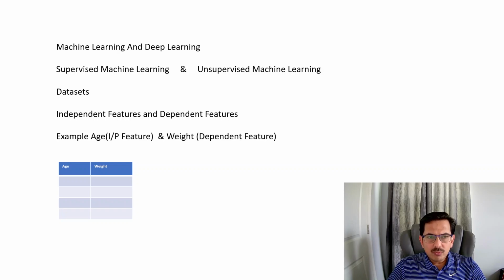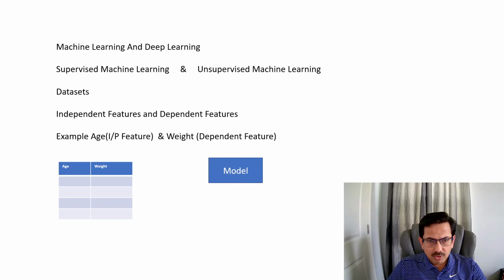So what we will do is use this data, where we'll have a number of ages and a number of weights, and we'll use that information and build a model. Once the model is ready, we will put in some new age and we will get the weight for that information.